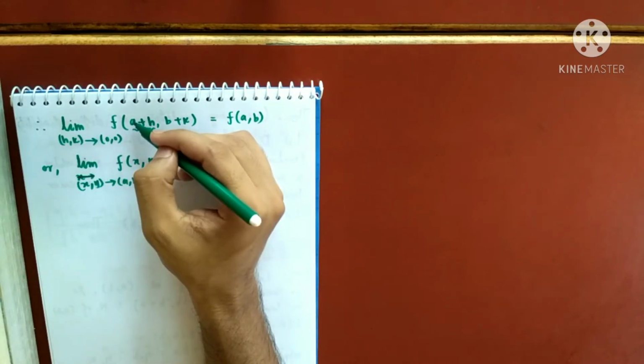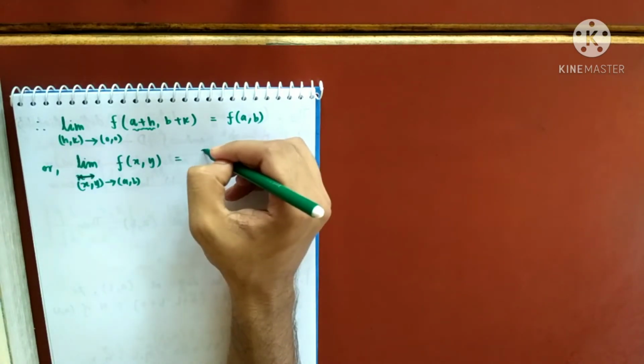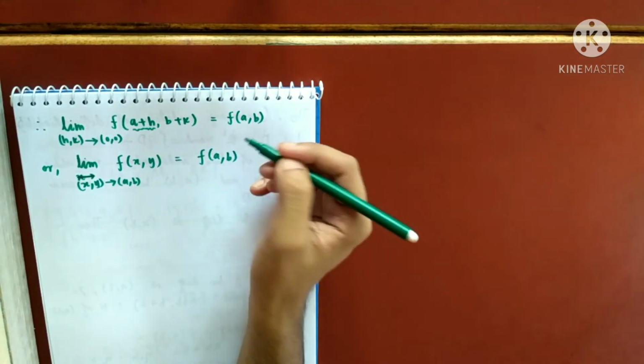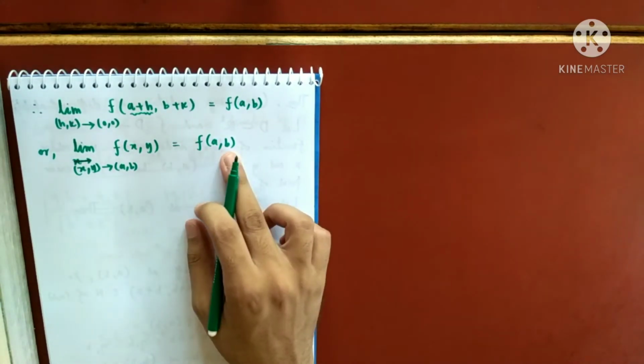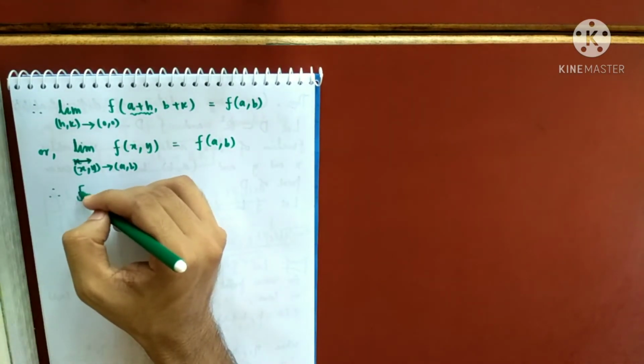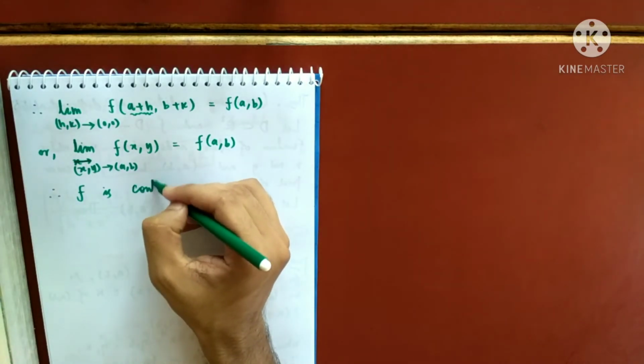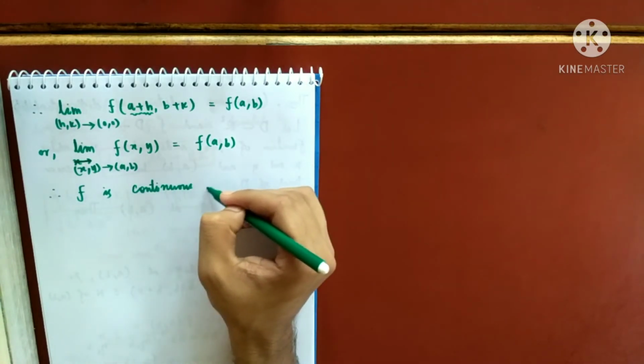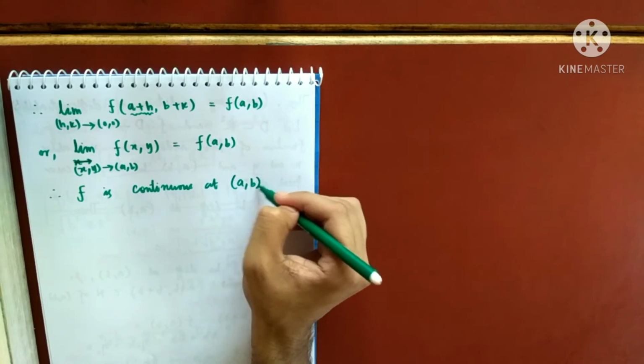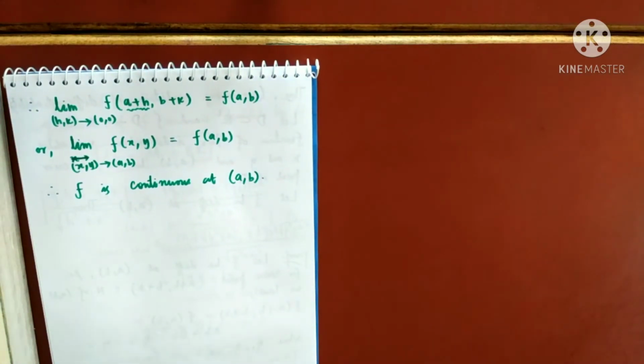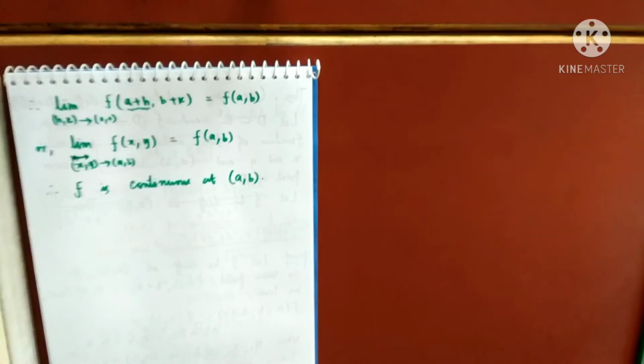Because h tends to 0, x will tend to a and y will tend to b. And look at the definition of continuity: the limit at a b is the same as the functional value at a b, and this shows that f is continuous at a b. And we have proved the first part. So we are satisfied with the definition. Differentiability implies continuity, which is a very important result that we have learned since class 12th, is still true for multivariable calculus.